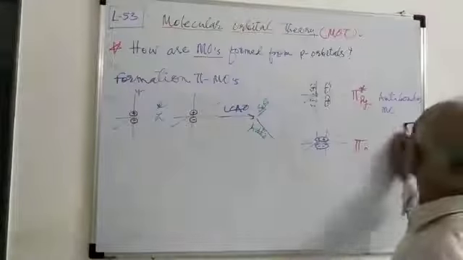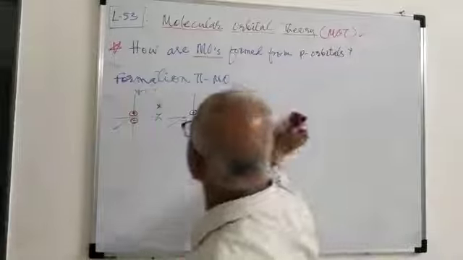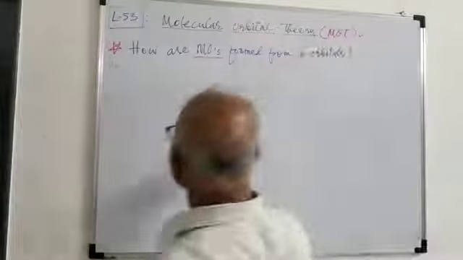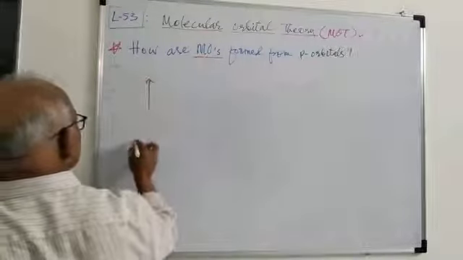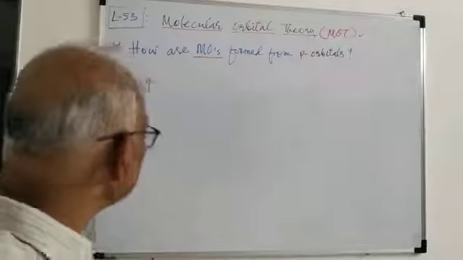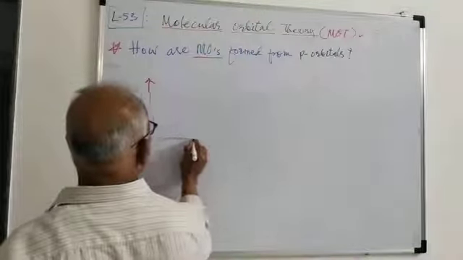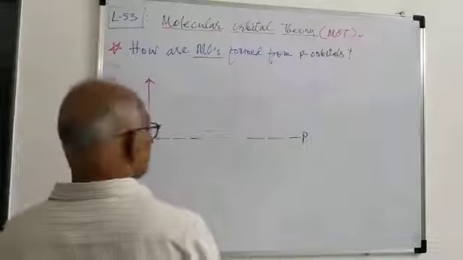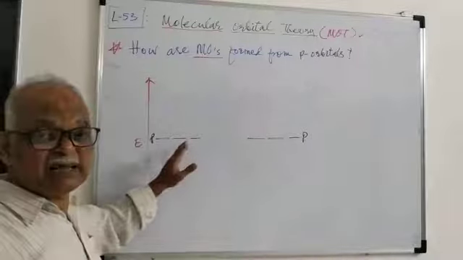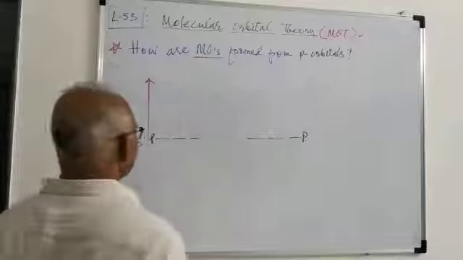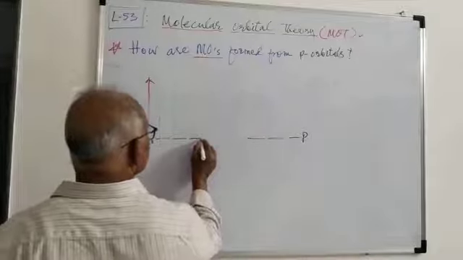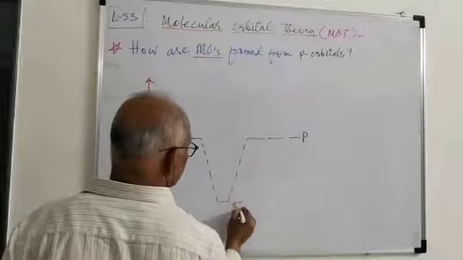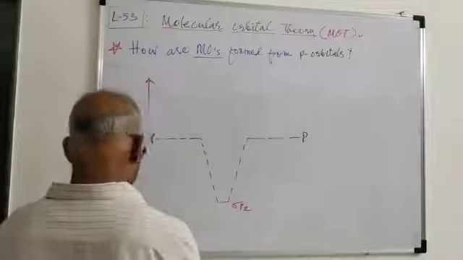Then we will show the MO diagram for these molecular orbitals which we have seen here. So this is the energy axis, and we can have these three atomic orbitals, that is p, and these are also p atomic orbitals. So there is px, py, pz, and here also pz, px, py. Then the linear combination between the pz orbitals gives us the sigma pz bonding molecular orbital.